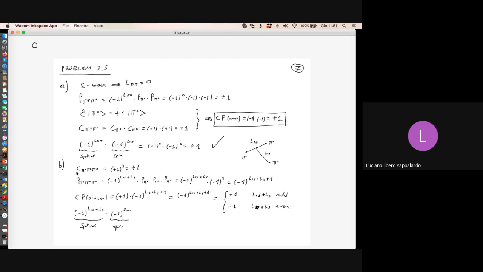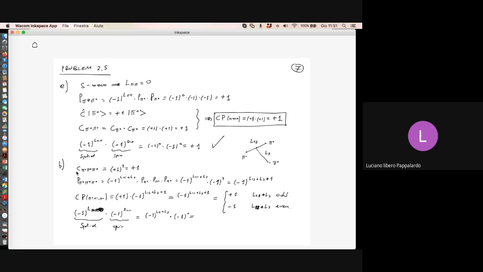Okay, so this is going to be -1 to the L12 plus L3. Okay, this we can decouple afterwards. And then the total spin, again, we are talking about pions, so this is 0.